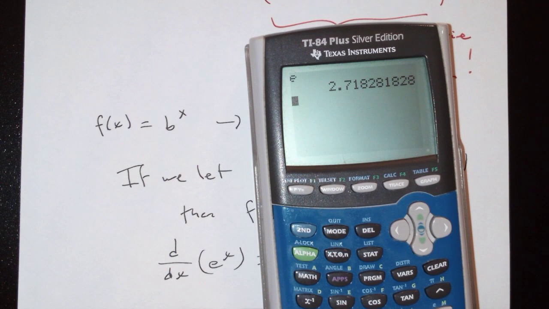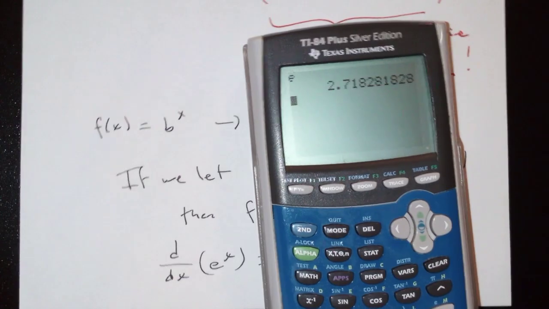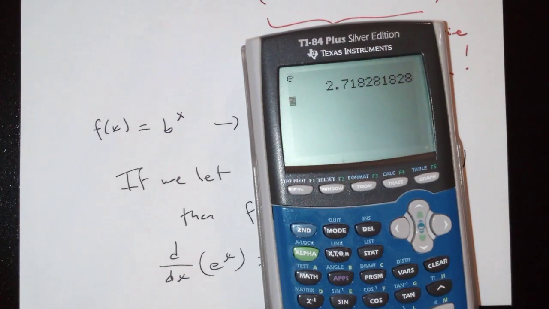This is sometimes called the natural base. It's also known by the person who wrote up one of the first pieces that did it. The first person to work in base e extensively was the guy by the name of John Napier. And so it's sometimes called the Naperian base.